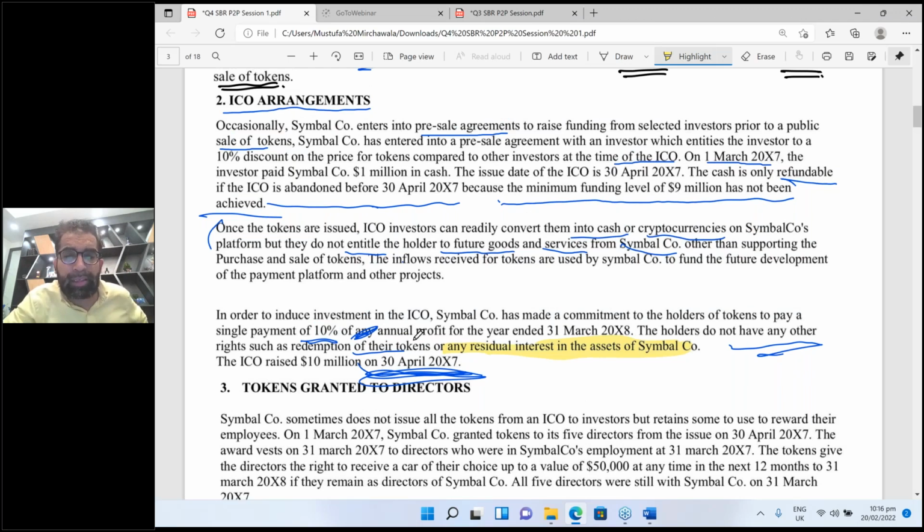This is the crystal clear thing. The holders do not have any other rights such as redemption, these are not redeemable, so there is no contractual obligation to deliver cash on the company. Plus, there is no residual interest in the assets.